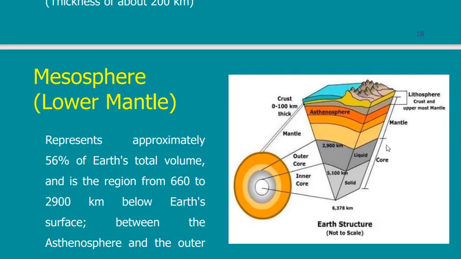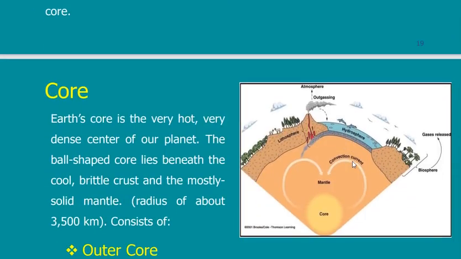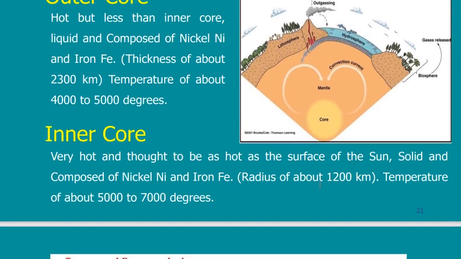Here, you see, this is the core. The outer is liquid, the inner is solid. They are both of the same material, but the outer is in a molten state. Just to remember the constituents of the core: nickel, Ni, iron, Fe.